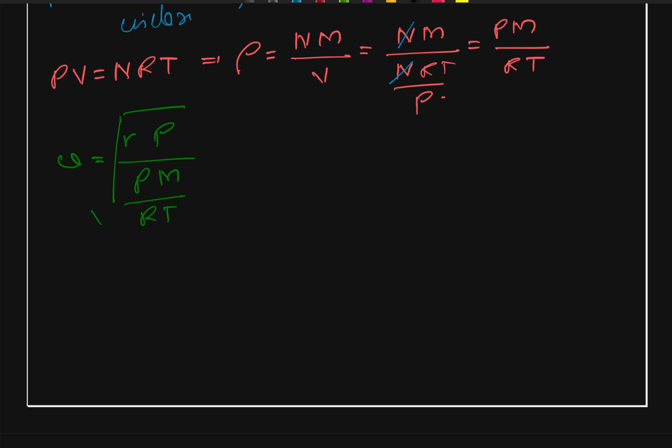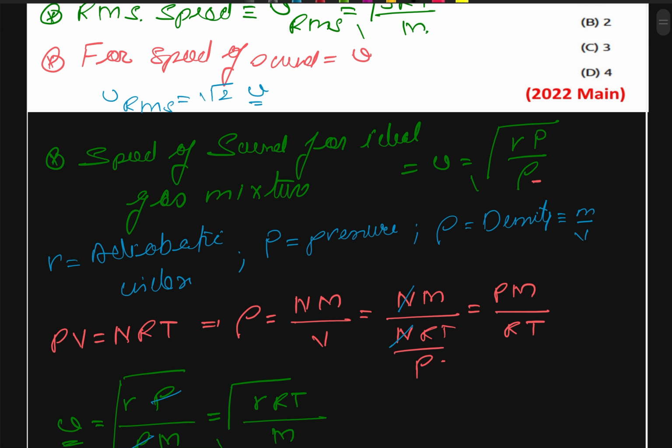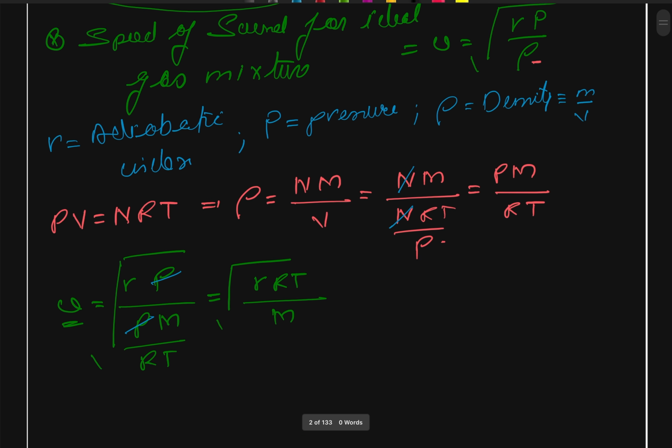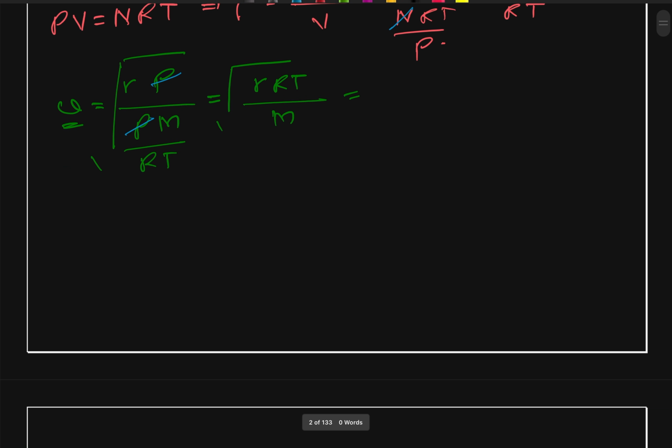Here P cancels out with P, which gives us that it will be equal to square root of gamma RT divided by M. So this is the equation for our velocity of sound. So we come back to this equation. Let us call this equation number 1. On the left side we are going to substitute the RMS equation, and on the right side we are going to substitute the velocity of sound equation which we just found out.